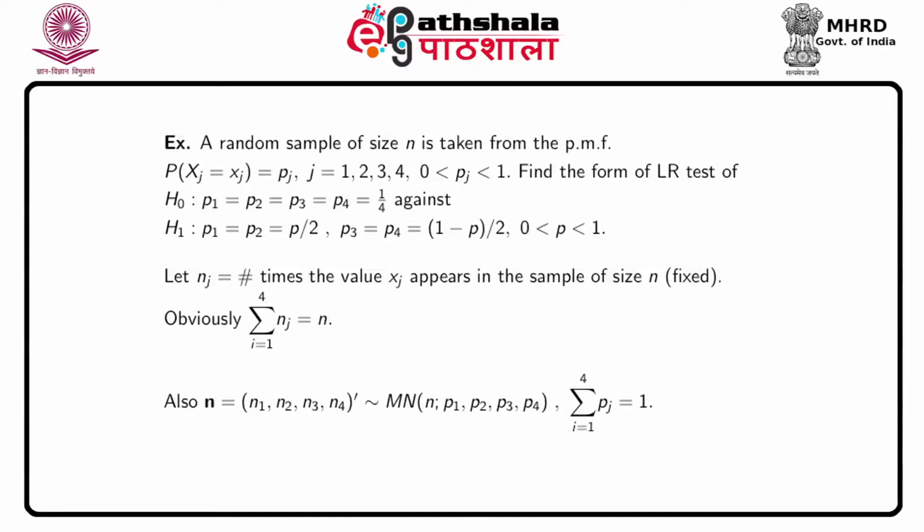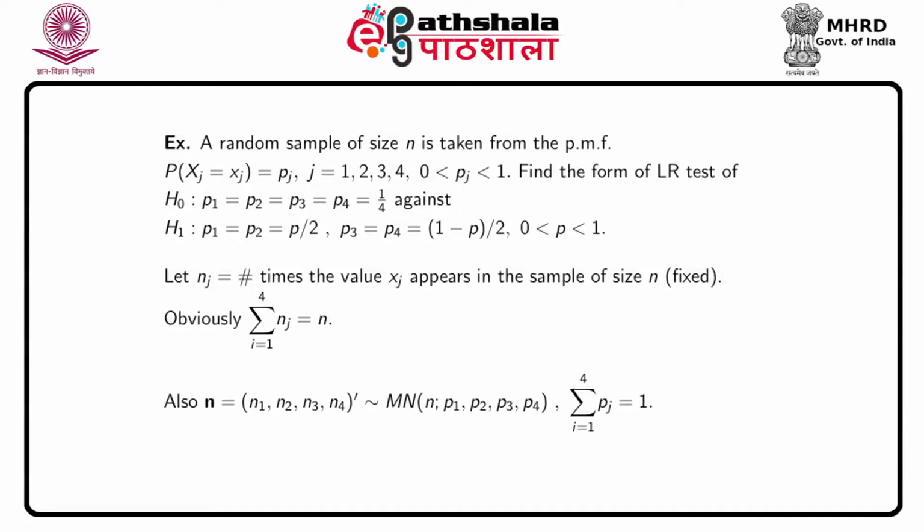Then find the form of the likelihood ratio test of the null hypothesis H naught, which says that P1 equal to P2 equal to P3 equal to P4 equal to 1 by 4, against the alternative H1, which is P1 equal to P2 equal to some P by 2 and P3 equal to P4 equal to (1 minus P) divided by 2, where P is greater than 0 but less than 1.